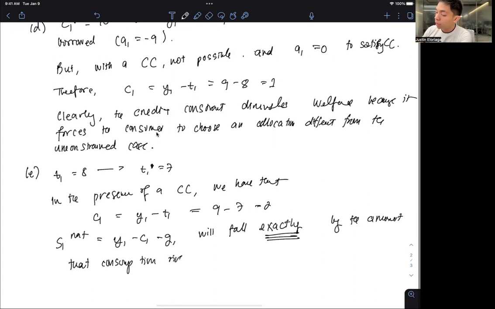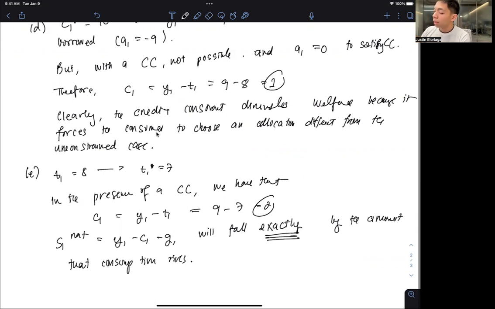Notice in this case, C1 was equal to 1. That's letter D. But now C1 is equal to 2. That will affect national savings by exactly the amount that consumption increased, so national savings will decrease by 1.